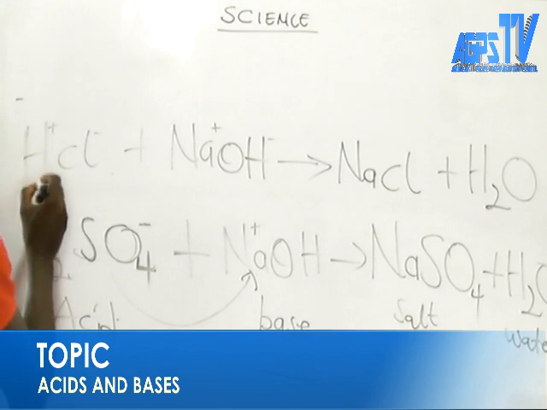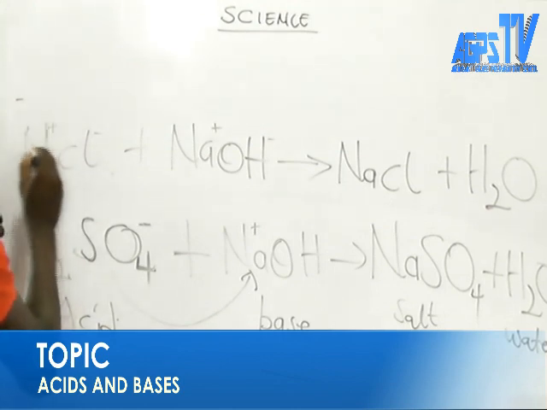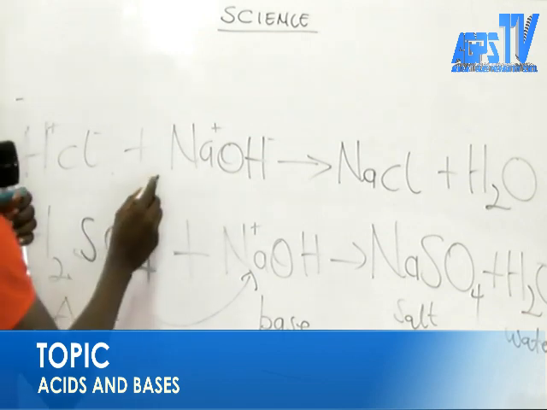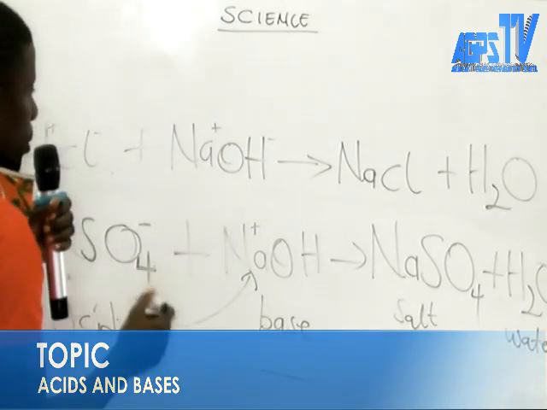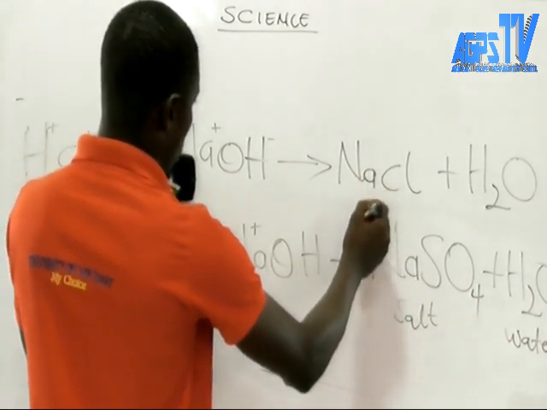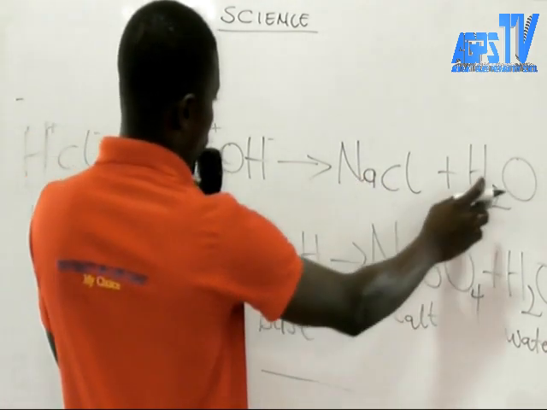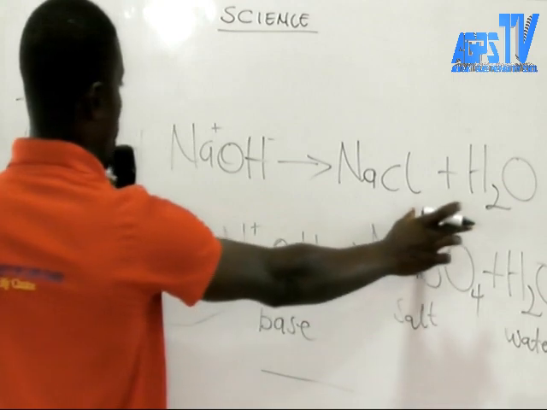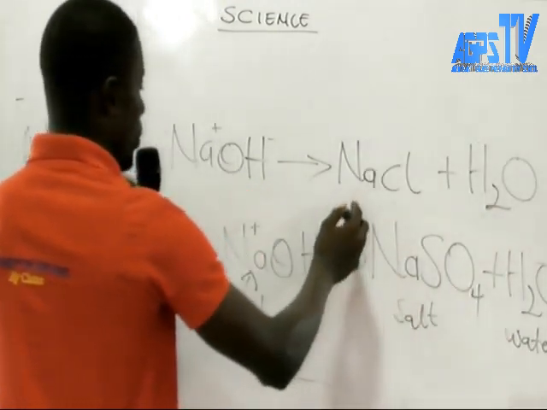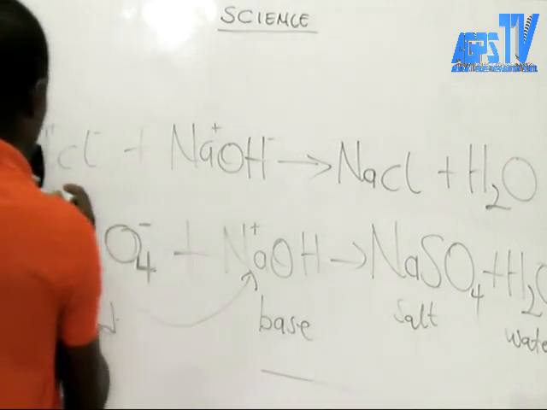Now, you can see the first example. The first example is hydrochloric acid and sodium hydroxide. You get sodium chloride, which is known as common salt. This is the salt, and we have the water here. So these are the products. And this is known as reactant.